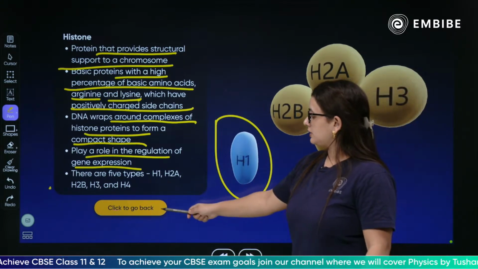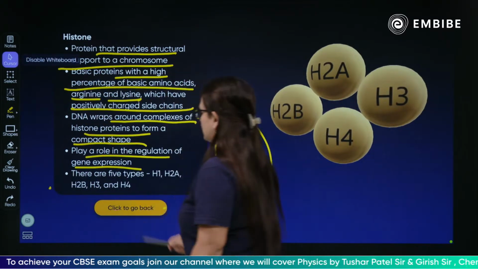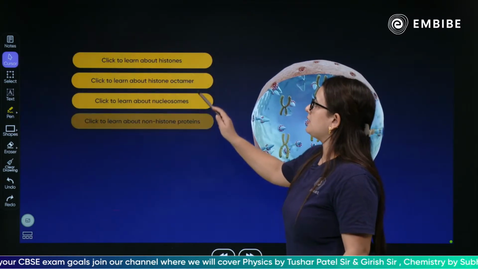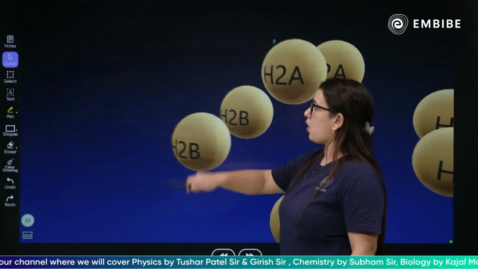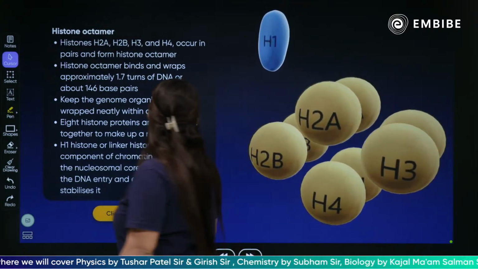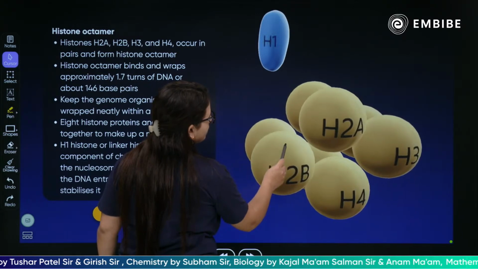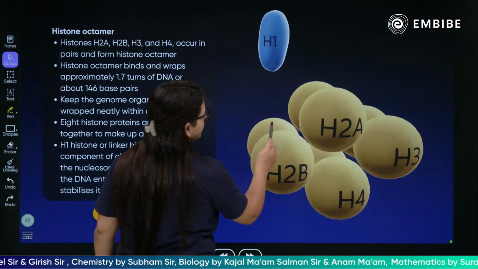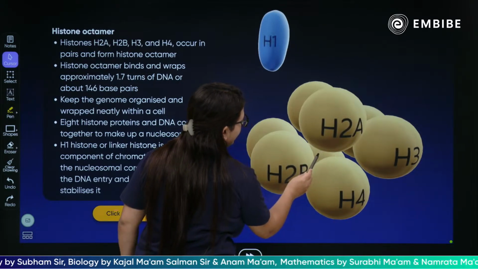Next, let's talk about the histone octamer. Children, see carefully. This is a good 3D structure to show you. Why octamer? 1, 2, 3, 4, 5, 6, 7, 8.